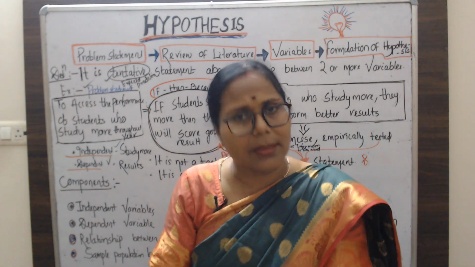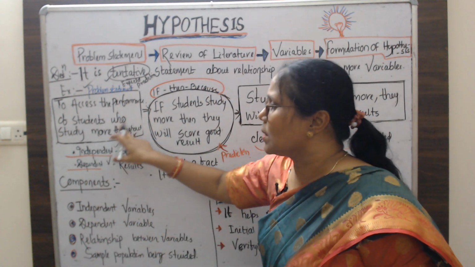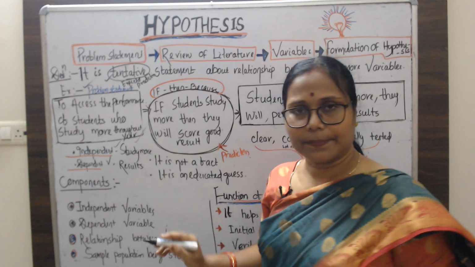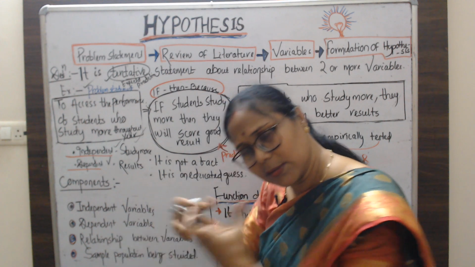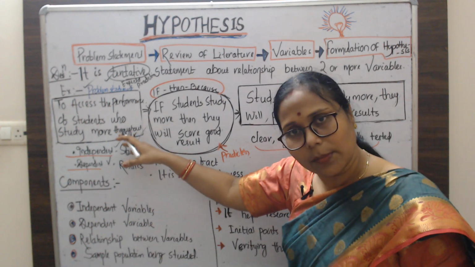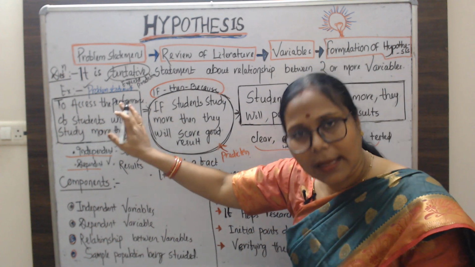You take this as a problem statement, to assess the performance of students who study more throughout the year. This is the current situation, or we are taking this topic from a current phenomenon as a problem statement. Then you find out the variables inside this problem statement.